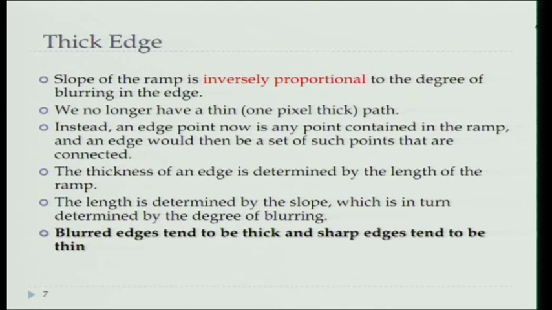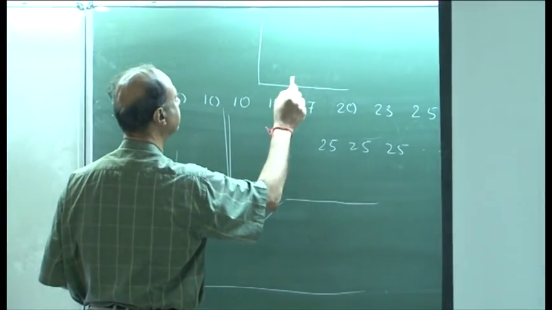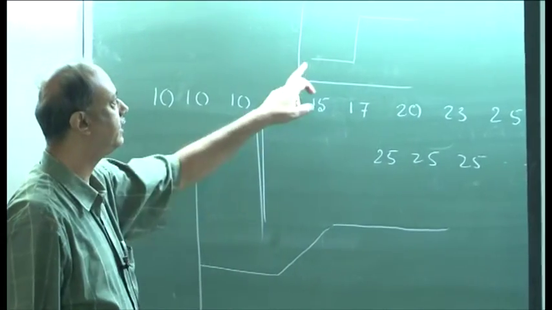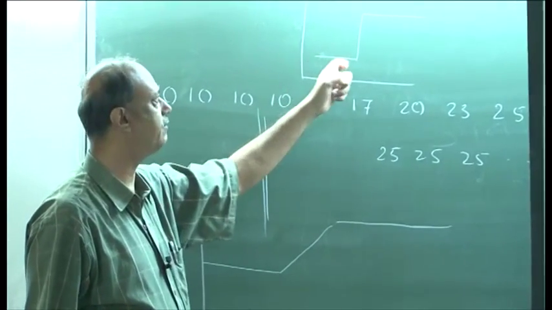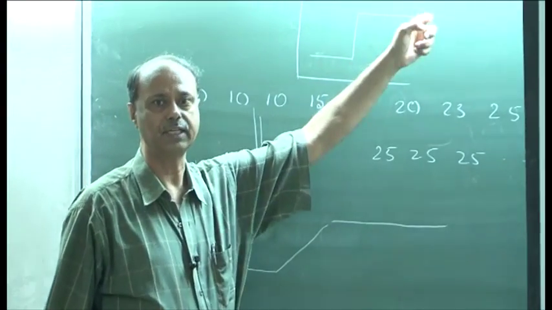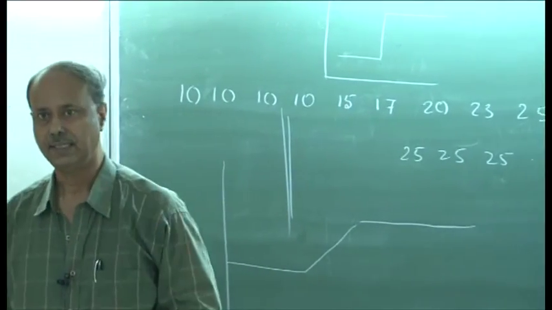Now, this slope of the ramp will help you to understand the degree of blur, right. See, if it is a sharp one, that constant gray values here, and after the sudden change you got the gray values like this, right, the slope will be what?